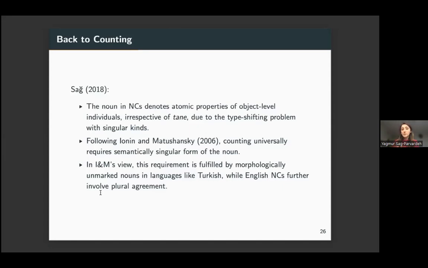So if we consider Tane as a sort of helping mechanism, then we would have to assume that the noun that combines with Tane would be a kind term. But our kinds have a distinction, singular and plural. And we have seen that only plural kinds allow access to these atomic sets that could eventually be counted, but not the singular one.